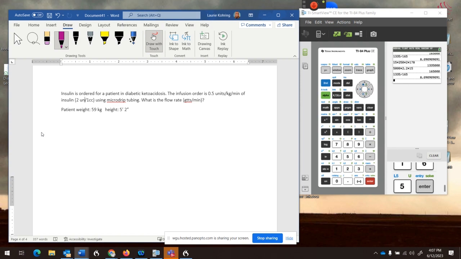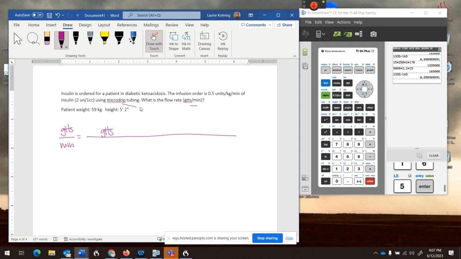All right, so this one, going to the very end, looks like again we're solving for drops per minute. So our start unit is drops. Look for it in the question. I don't see it anywhere. So we have to look for some code words like we did before. So micro drip tubing is a hint.